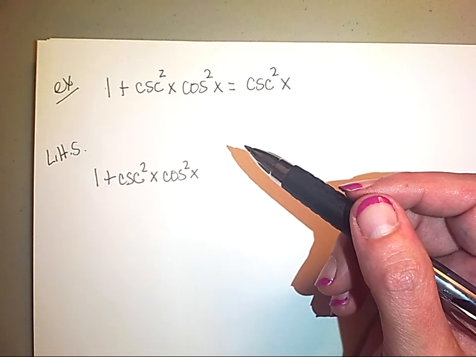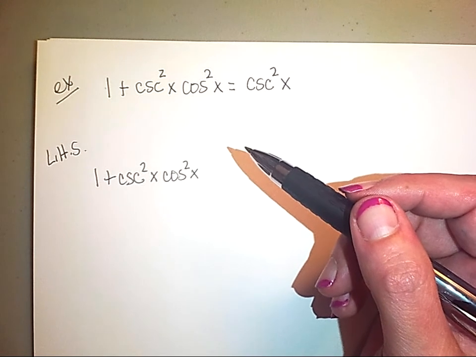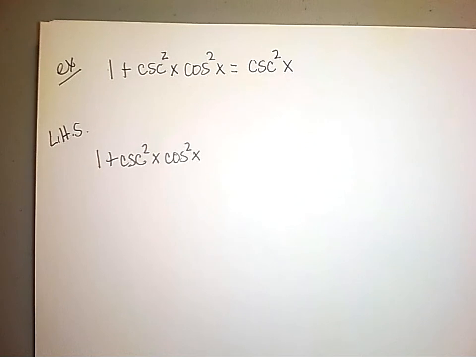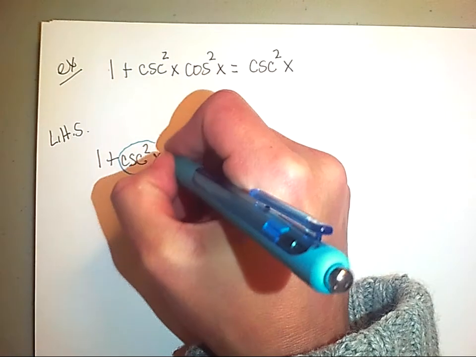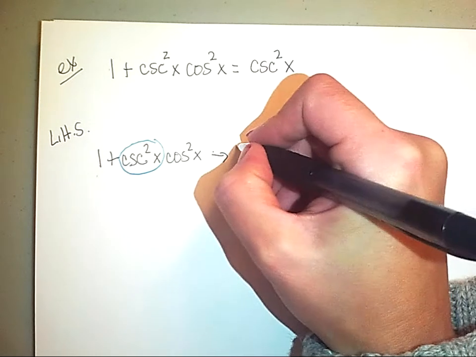And I'm tempted right now. There's a couple of things we can do. Let's change everything to sines and cosines. So cosecant squared, right, this is equal to, we'll keep the 1.